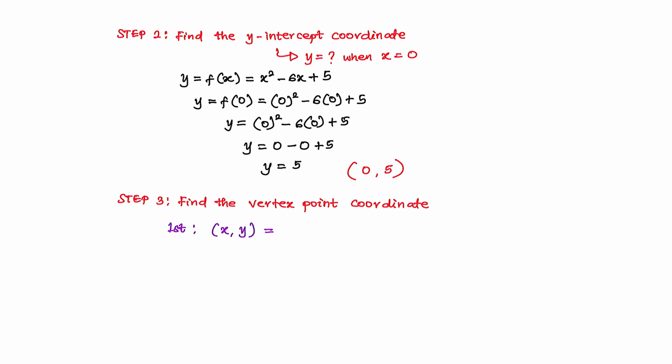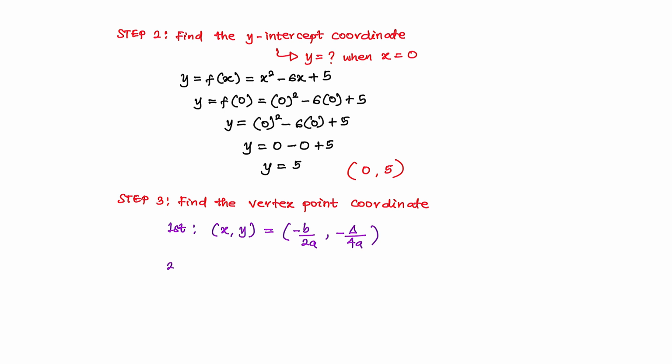So x comma y is equal to, for the x, minus b over 2a, comma, for the y, it is minus delta over 4a. This is the first way the vertex point can be calculated.